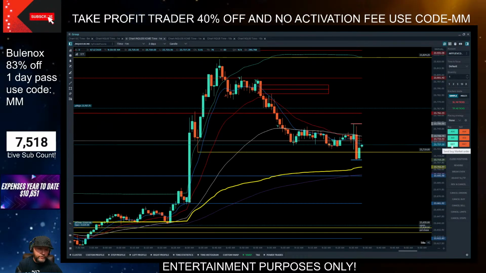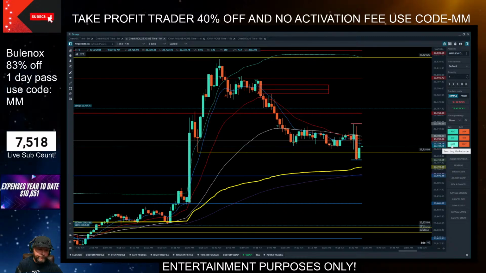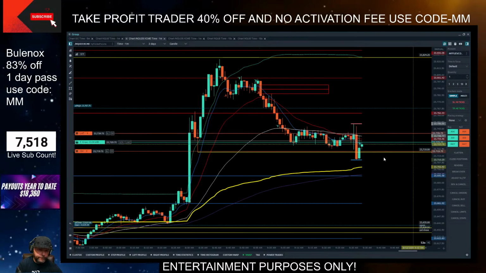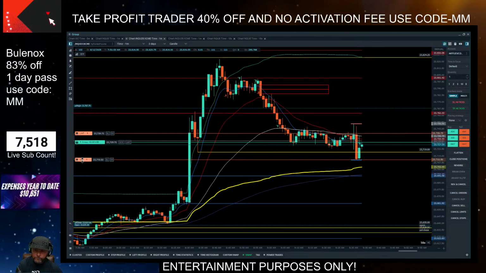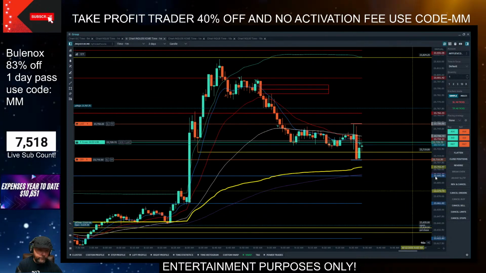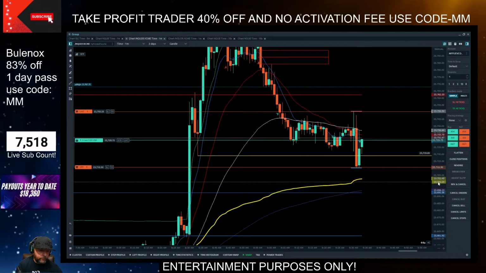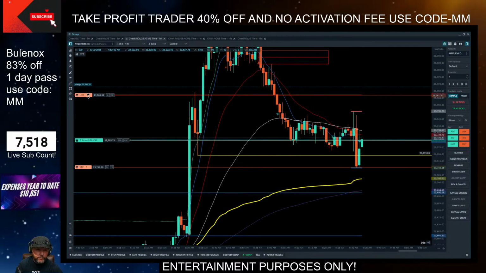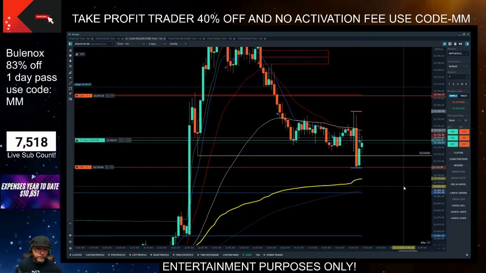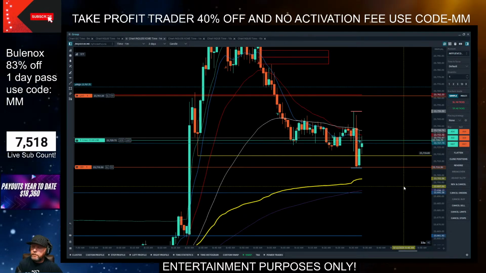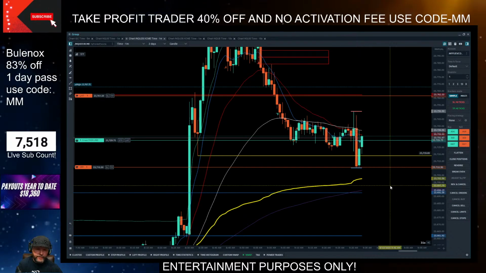Might try a stab long here. See if this thing rips here. Yes, held that 20 level too, to the T there.